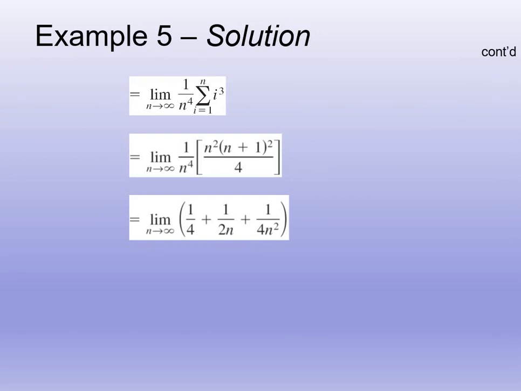Now we know the limit of 1 over 2n as n approaches infinity is going to go to 0. And we know the limit as n approaches infinity of 1 over 4n squared is going to go to 0. So essentially the only thing that's left is the 1/4. Okay, so that's the final solution. So the area under the curve from 0 to 1 of x cubed ends up being 1/4.